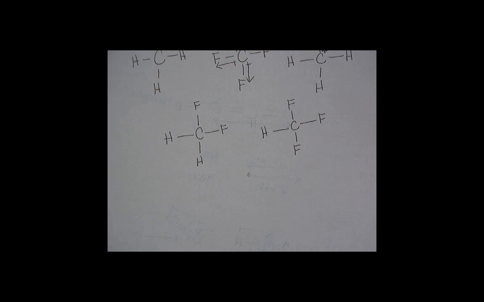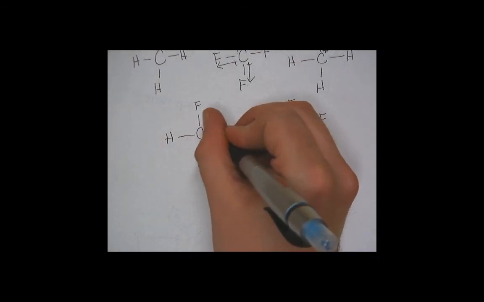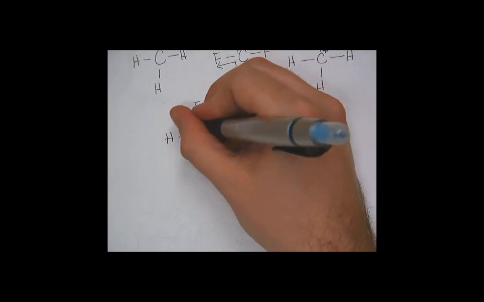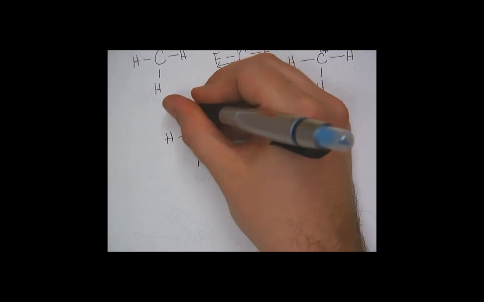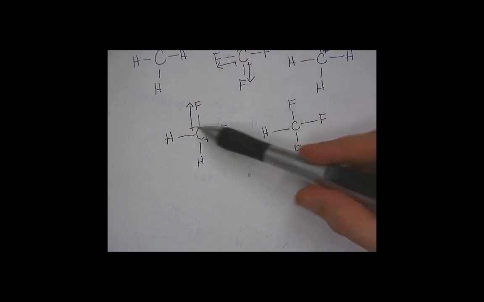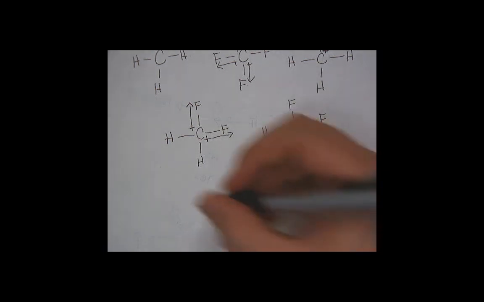Let's take a look at our last two. We have carbon, fluorine, carbon, fluorine. So much like what we saw when we looked at H2O, we have two arrows that are at right angles to each other, which means they do not cancel each other out, and so there is a net dipole moment.